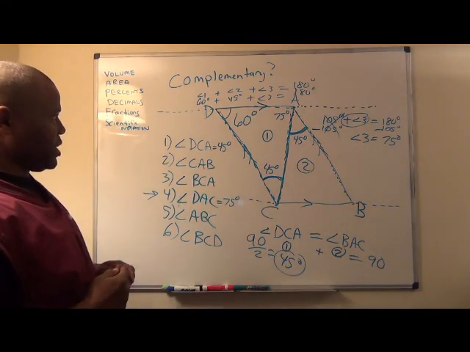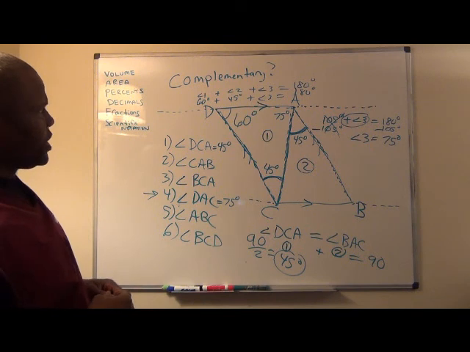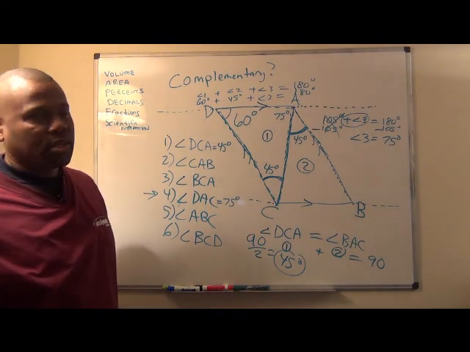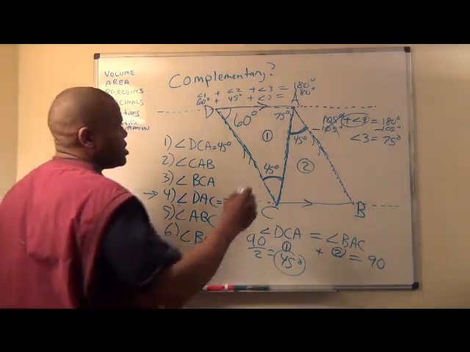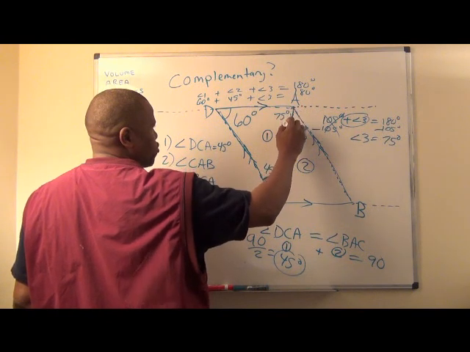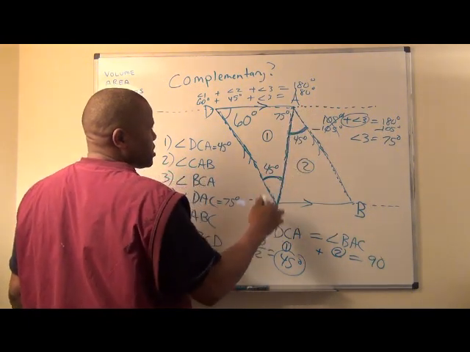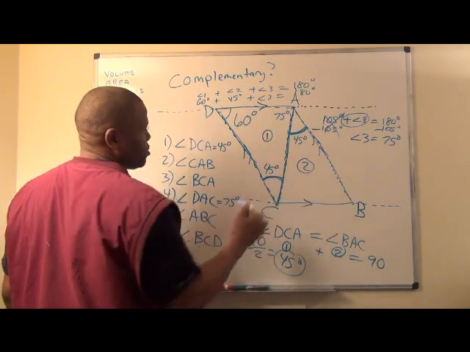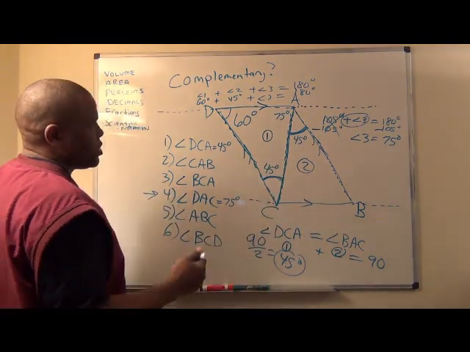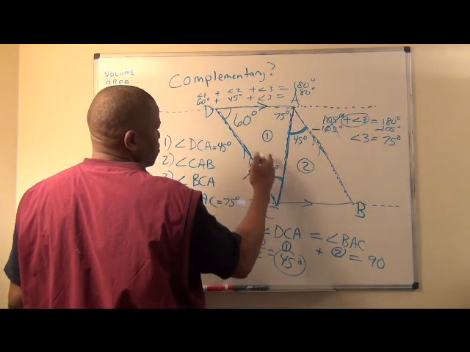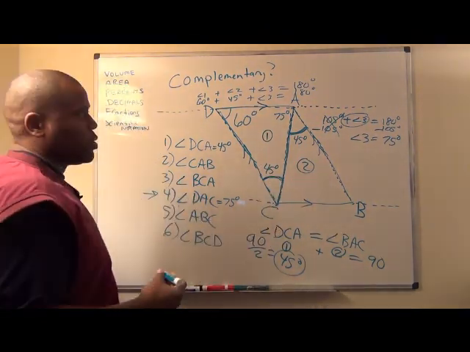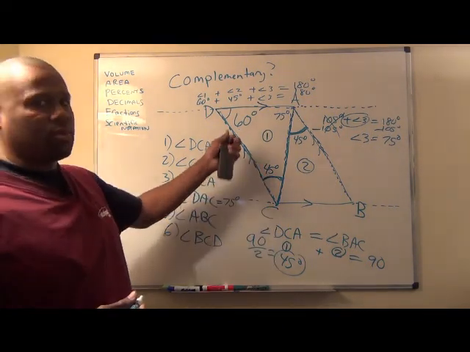So what other angles do we need to figure out? We need to figure out angle CAB. Did I mention that this diagonal that's drawn here creates two congruent triangles, triangle 1 and triangle 2? If these are congruent triangles, then all three of these angles will equal the three angles from the other triangle.